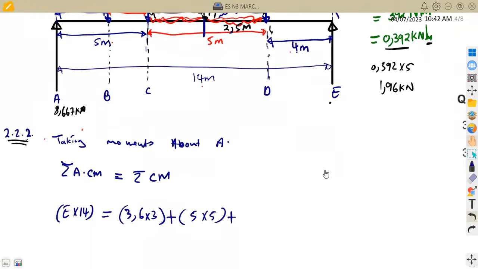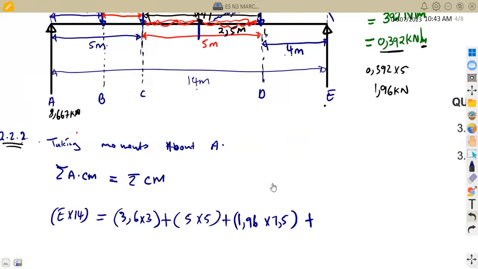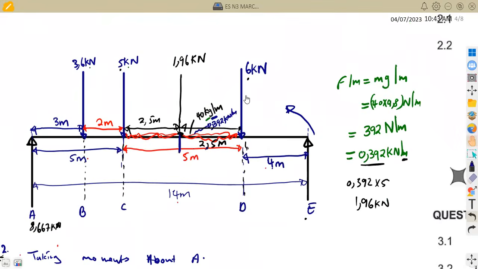All right, so this is going to be 7.5 in this case. So we are going to have 1.96 times 7.5. Plus we still have another force, which is 6. So 6 here, back to the point A, we see that we have got 5 meters here.